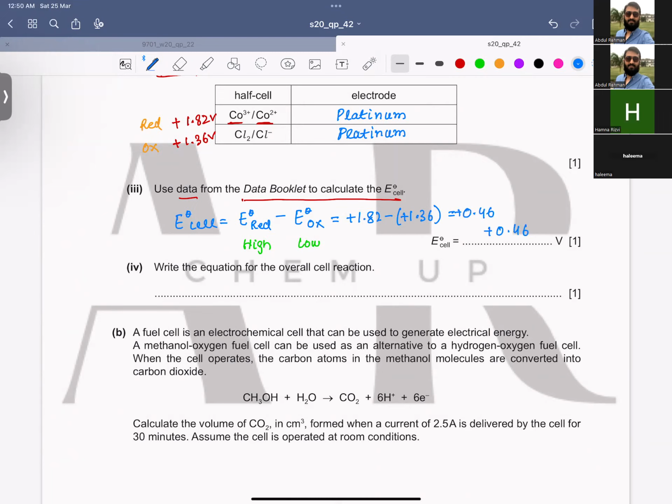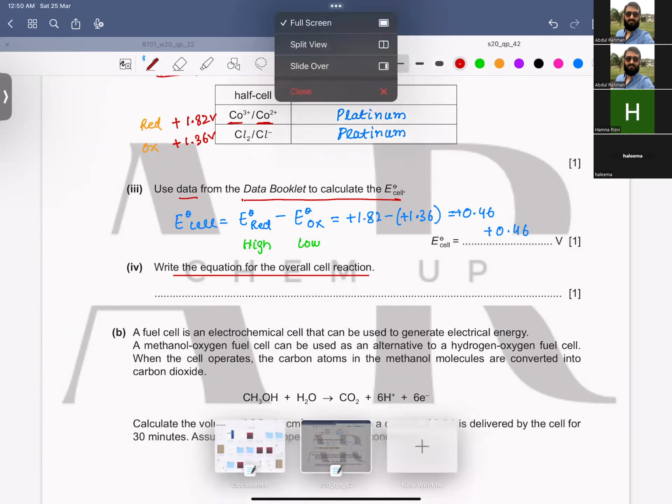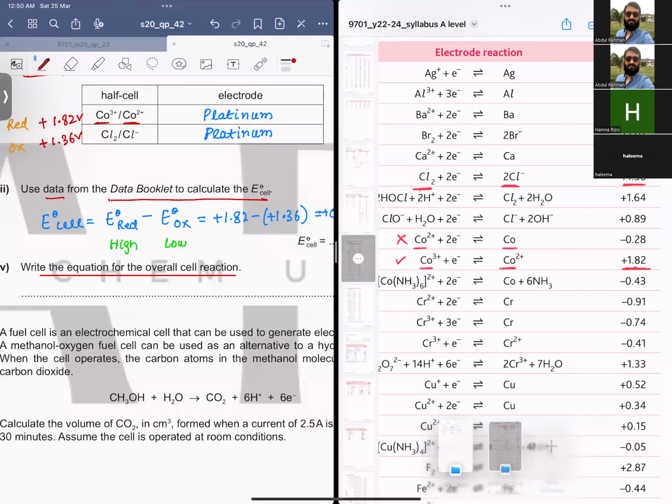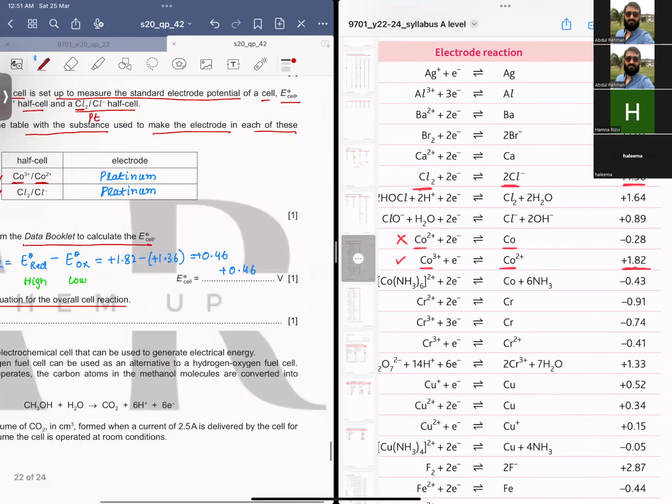ये clear है सबको? Now they are asking you to write the equation for the overall cell reaction. Okay. So अगर मैं cobalt की equation लिखूं, तो it must be cobalt 3 positive gaining an electron and cobalt 2 positive is forming.